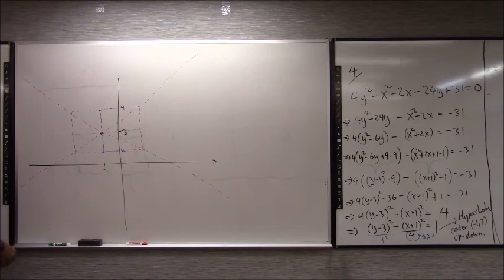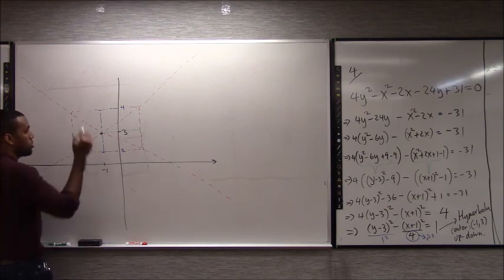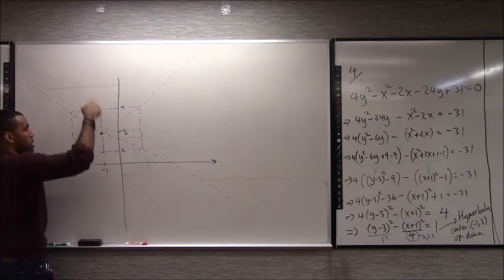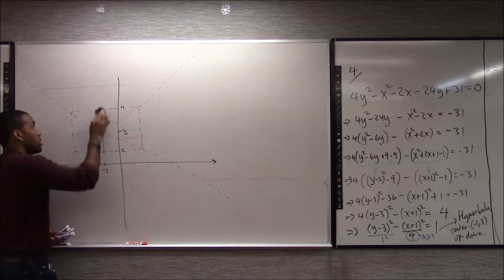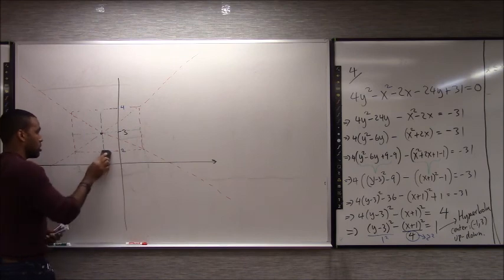You draw the line going upwards and downwards, but where's the point it passes through here? Well, we know it opens up and down, so it's going to meet on the blue line. So it's going to be passing through this point.